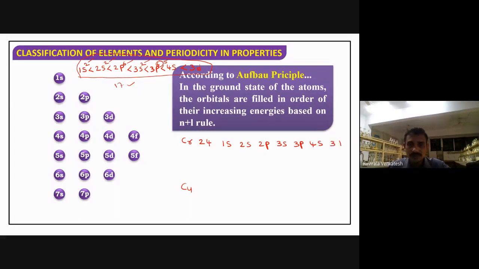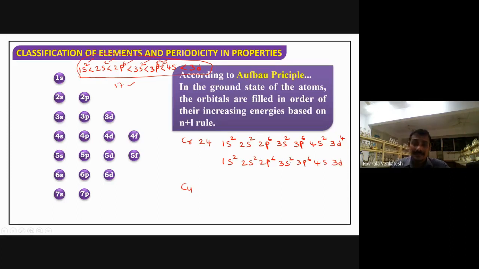How to fill this one? 24. 2, 4, 10, 12, 18, 20, 24. This is the actual configuration, right? But what is happening here? 1s2, 2s2, 2p6, 3s2, 3p6, 3d.